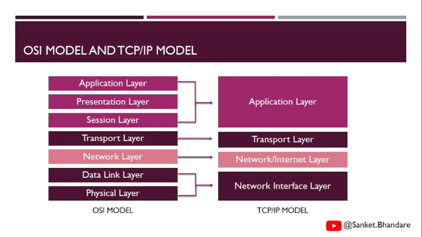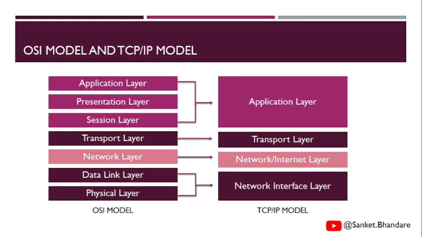Your input data is further sent to the next layer in the OSI model, that is the transport layer. So the application layer, presentation layer, and session layer, all these three layers deal at your browser itself. The next layer in the OSI model stack is the transport layer. The transport layer ensures complete data transfer with flow control, error detection, data recovery, and data integrity using protocols like TCP and UDP.